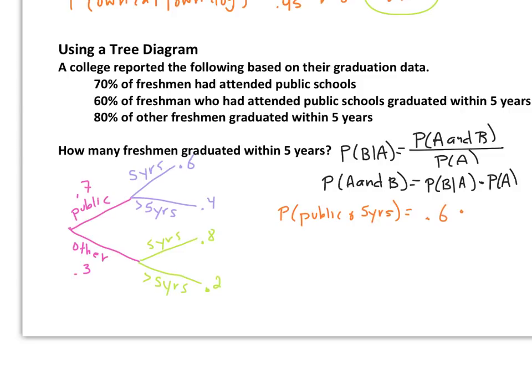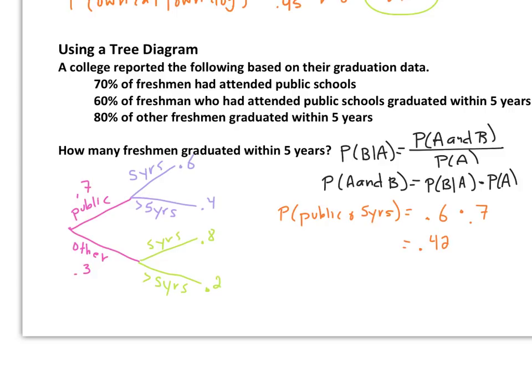All right, times the probability of A. Well, probability of A and B, so that's the probability of A is the probability they went to public school. So again, come back over here, probability they went to public school. Well, that is 0.7. I multiplied those two together. We get the probability of public and 5 years is equal to 0.42.